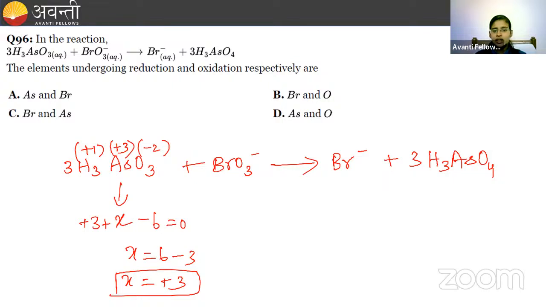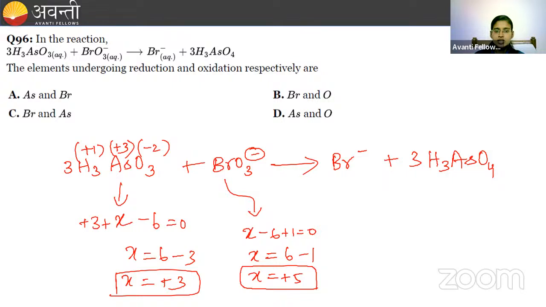And then when you calculate for bromine, bromine is taken as X. So 3 into -2 is -6, and it has gained 1 electron, right? So +1 equal to 0. X is equal to 6 minus 1, which is equal to +5. So the bromine oxidation state here is +5. And here in the product side, we have bromine in -1 oxidation state.